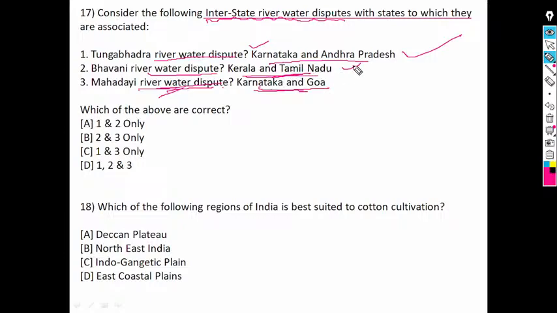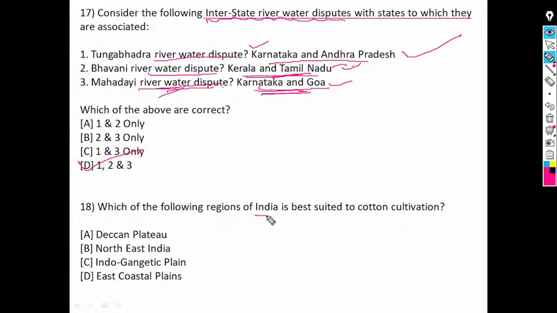Mahadayi river water dispute between Karnataka and Goa. Which of the following are correct? Bhavani river, Kerala, just a minute, Bhavani river. This is also correct. Mahadayi also Karnataka. All three are correct. 1, 2, 3.